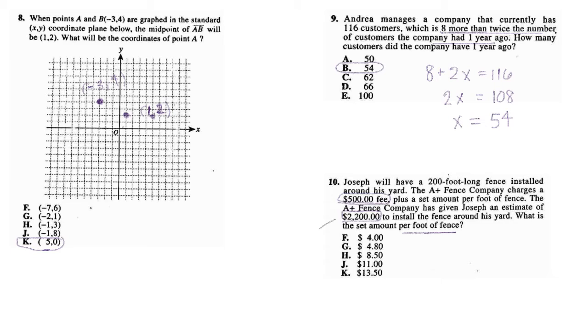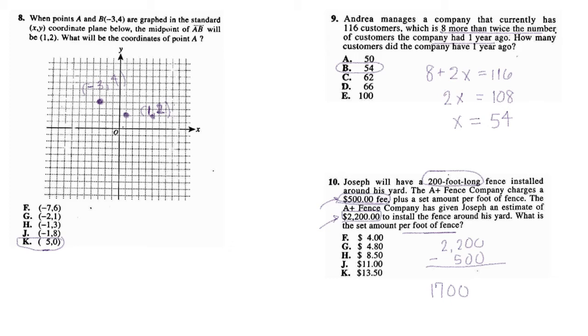So if that's his total amount, now we need to take off this initial fee. So we have 2,200, and I'm going to take off this 500 initial fee. So it looks like we're going to have 1,700 left. And let's see, how long is the fence? Joseph will have a 200-foot long fence.